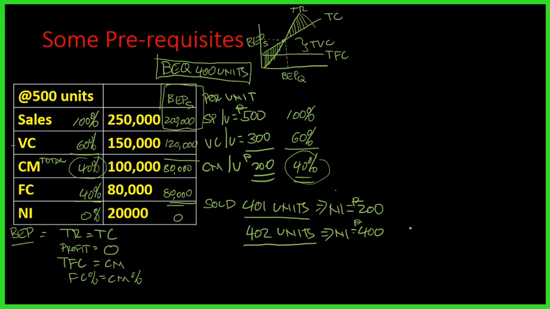Now, it's different if the question is, how much will be the increase in your net income if you were able to sell the 401st unit? The increase in the net income will be 200 pesos. Now, how much will be the increase in your net income if you were able to sell the 402nd unit?